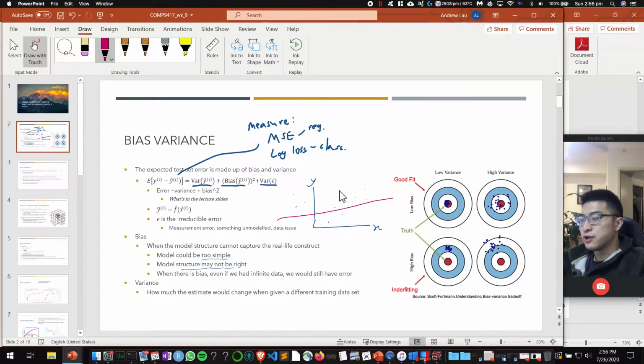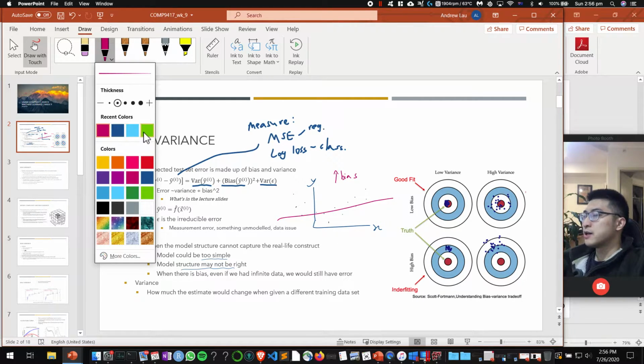So this model is going to have high bias, because the model might be too simple. In this case, it's too simple. The model structure might not be quite right. There's a mismatch between the hypothesis space and what's happening in the data. So there's a mismatch here between the inherent structure of the data and the model that you're using.